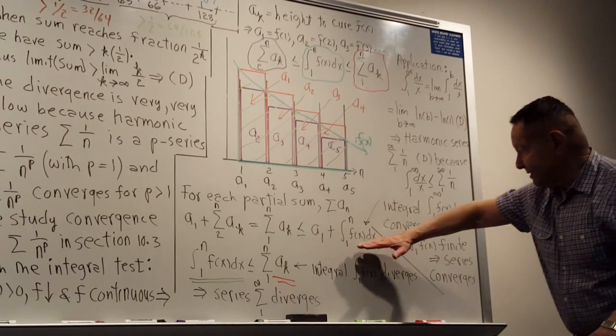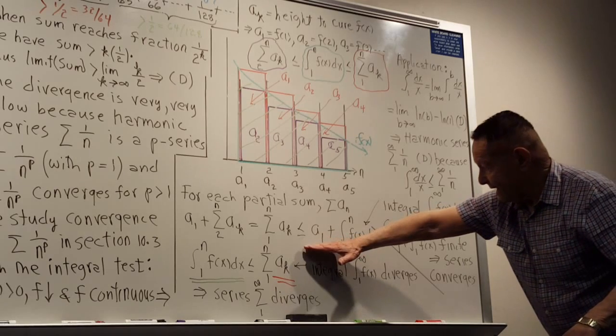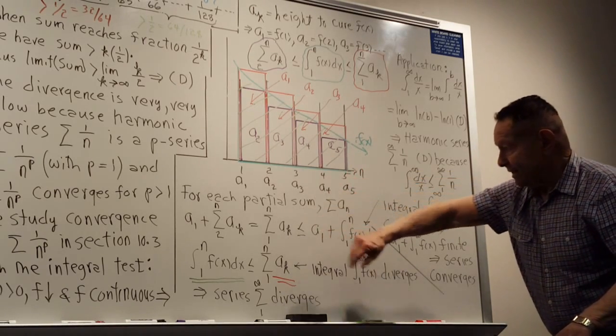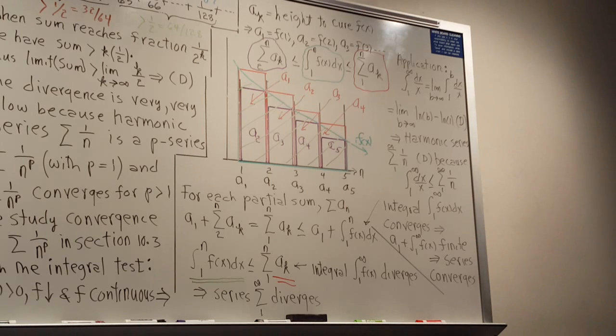So if the integral is convergent, you can add the first term, and that's still a finite number, and that'll be more. So what this finally says is, if the integral converges, that much is finite, and the series converges.